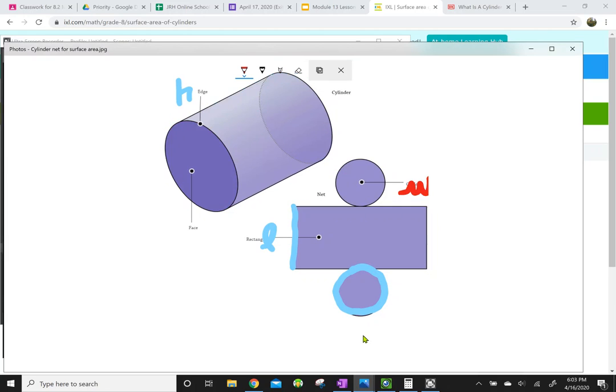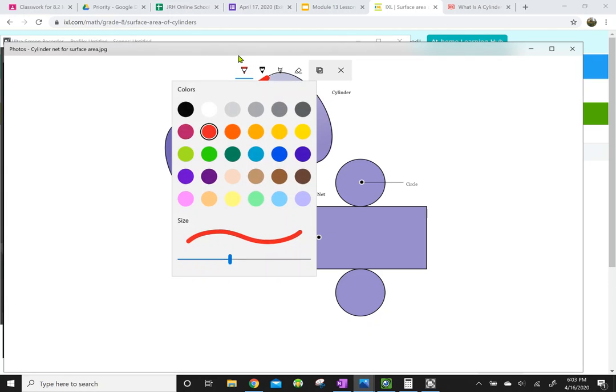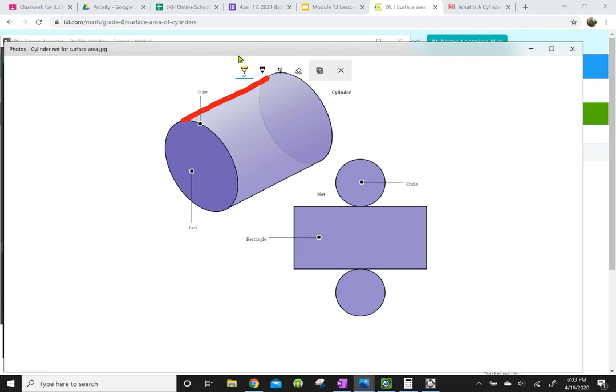So this thing is a net. This is basically a visual aid of what I was just trying to show you. If I draw this red line right here, that's where I cut that toilet paper roll. The two ends are going to be identical circles.